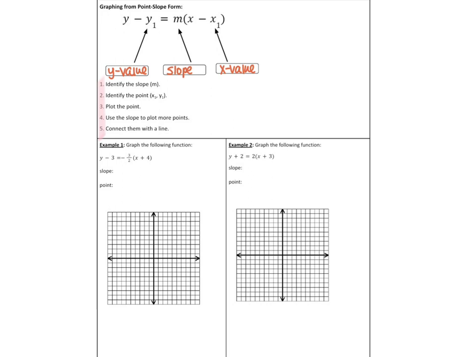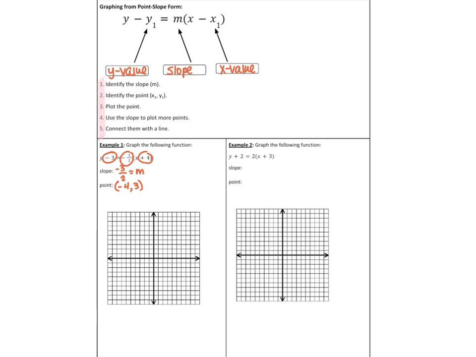Those steps are right up there. I have a space to identify both the slope and the point. I see right here my slope is negative 3 halves. Perfect. It's already in fraction form for me. And then my point, the opposite of 4, so negative 4, and then the opposite of negative 3, which is 3. Fantastic.